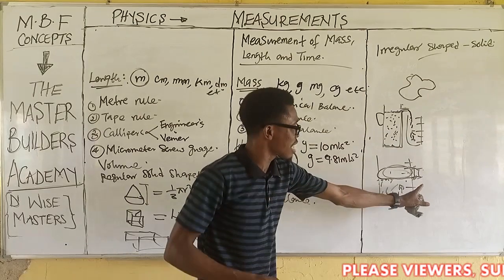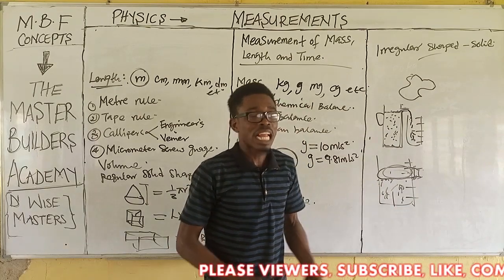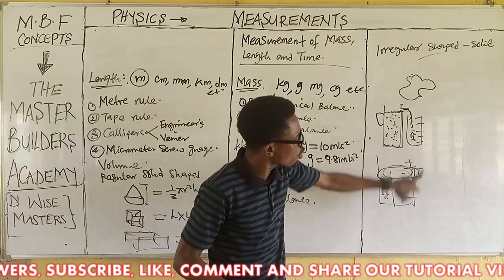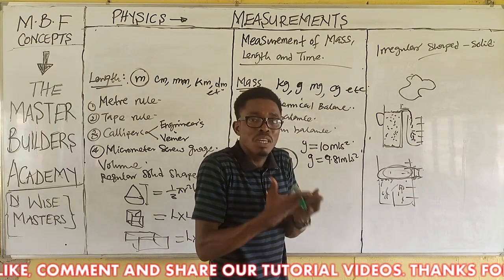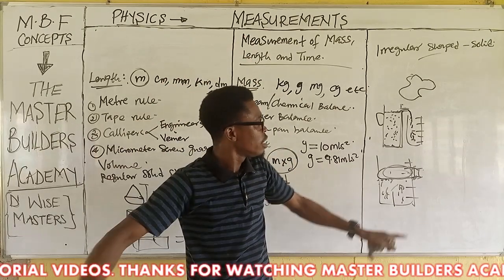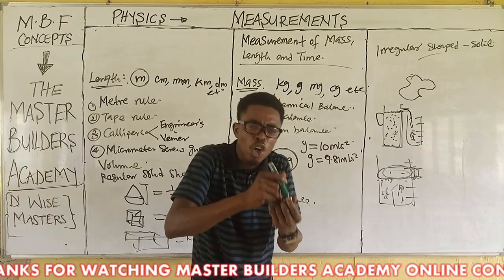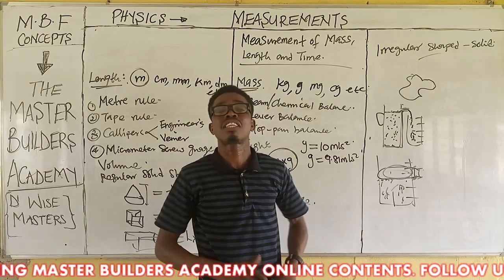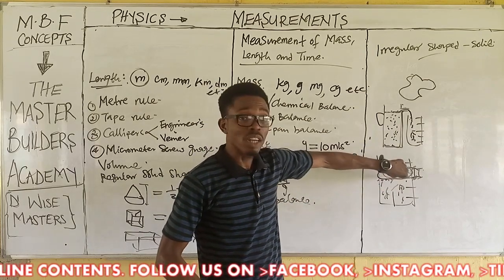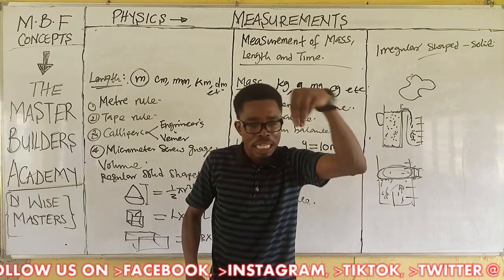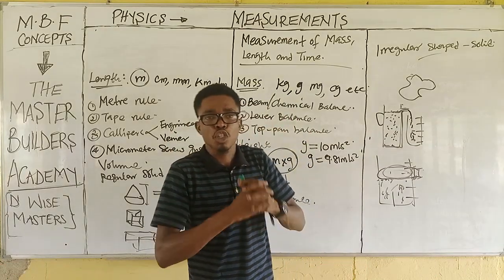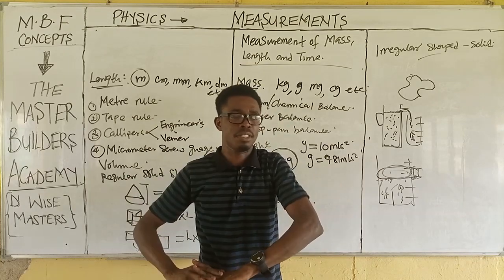Because if I did not insert the object, the volume would not have risen. Now that I inserted the object, the volume rises to a new point. So the difference between where the liquid was before you inserted the object and the new position after the object has been inserted is what we call the volume of the solid. So this is how you measure the volume of irregular solid shapes.